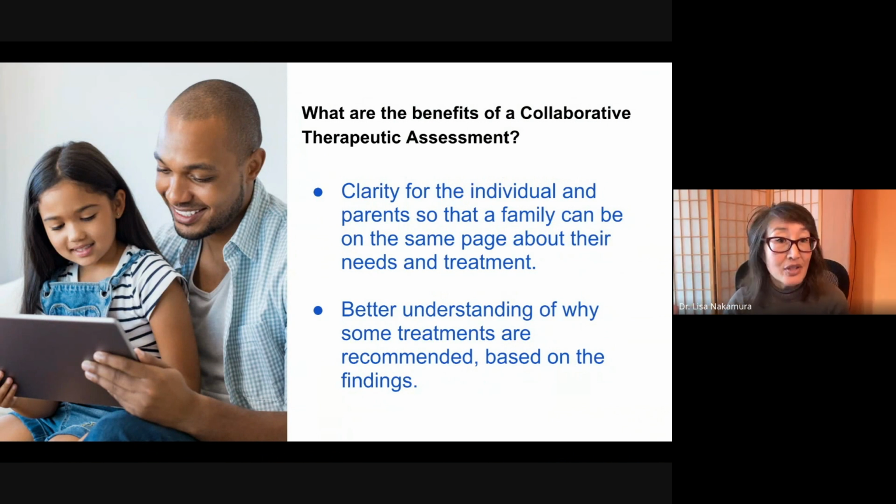So then we have to look at that, and it turns out that was a really big part, a missing link that was important for us to highlight. So that dynamicism can happen, and I don't think this is necessarily unique to a collaborative therapeutic assessment. This is something that many of us do, but I think it's really important in the way we do it.